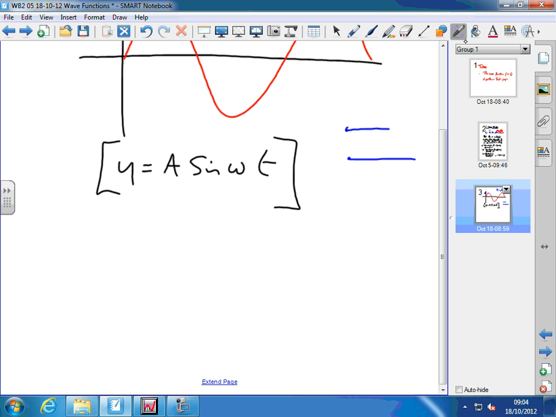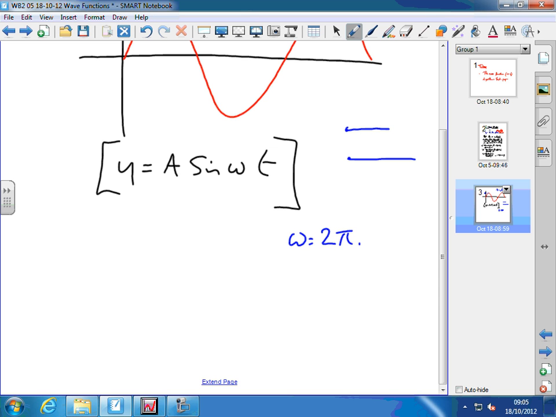So if we think about the angular velocity, which is the amount of angle it's gone round per unit time, then the angular velocity is equal to 2 pi, which is the distance round one complete turn, multiplied by the number of turns it manages to do in a second. So let's say it does 1 turn in a second, then it's 2 pi per second. That's the angular velocity. If it does 2 turns per second, then it's 2 lots of 2 pi in a second, and so on. So what's another name for the number of turns per second?